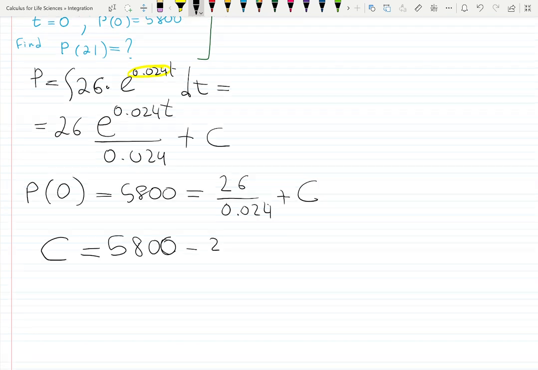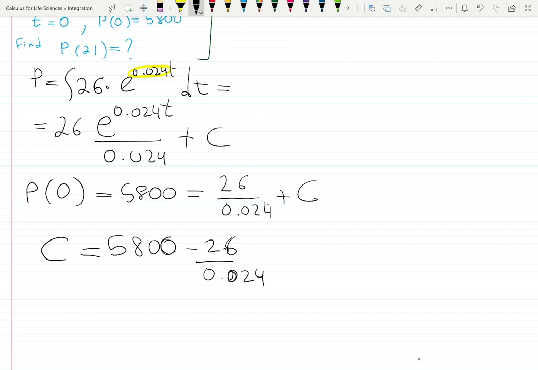Did you calculate, Chris? 1083.3 repeating. Let's keep it exact then. If you'd like it a bit simpler, do 250 over 3. Yeah, that would be better, but it's too late. So this is my C.